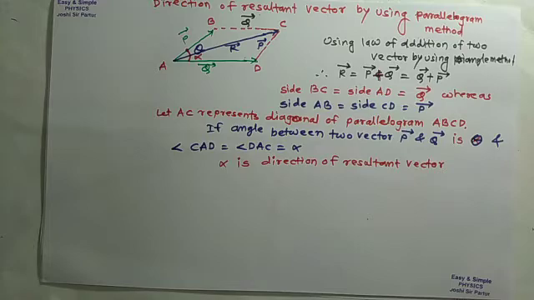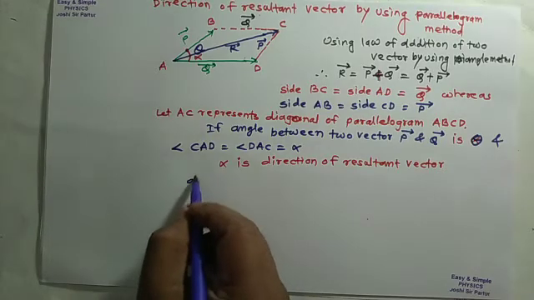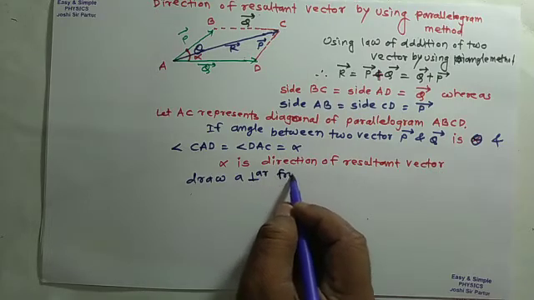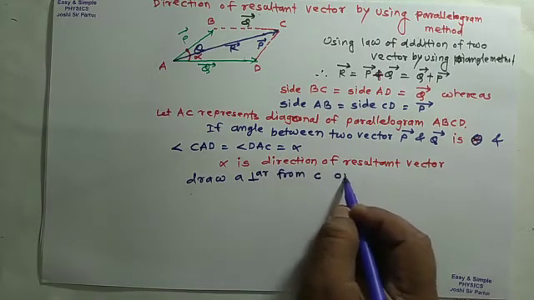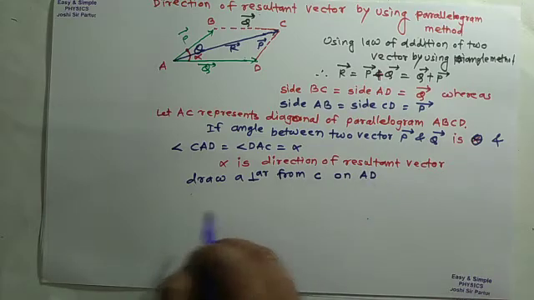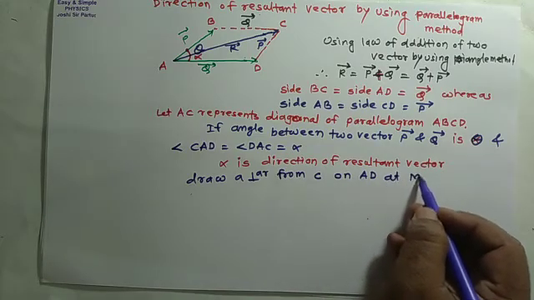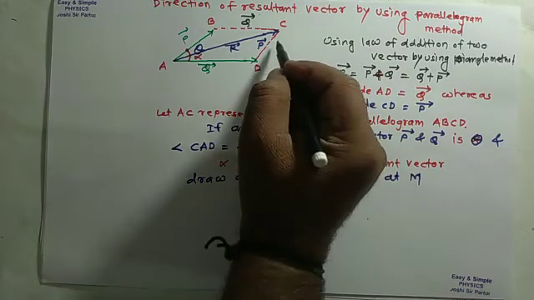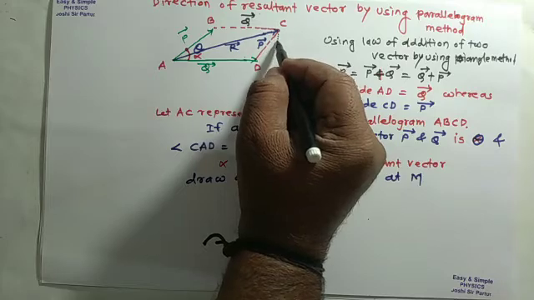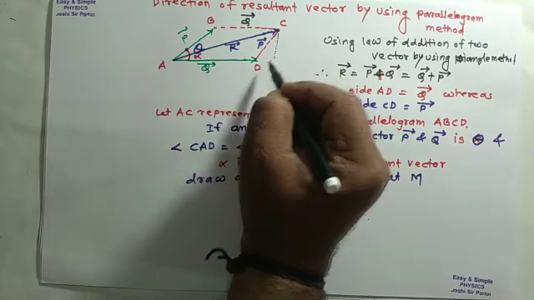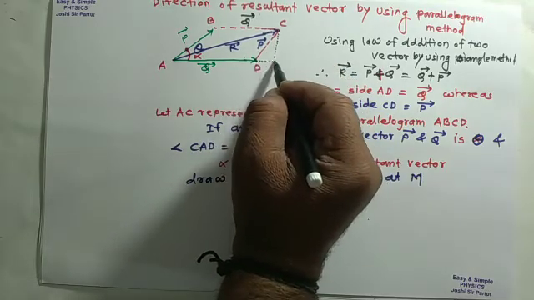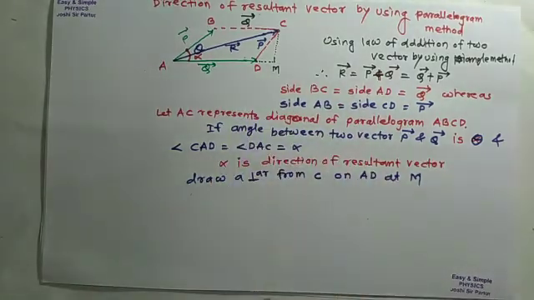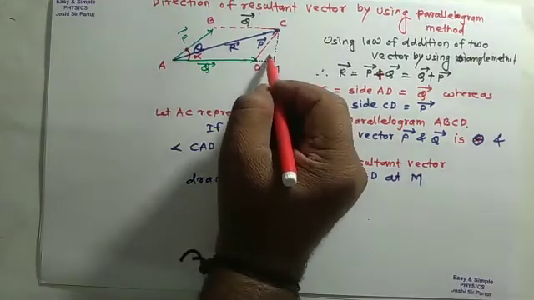If we draw a perpendicular from C on AD at M, what happens? See here, a perpendicular is drawn on AD at M, so a right angle triangle is formed.